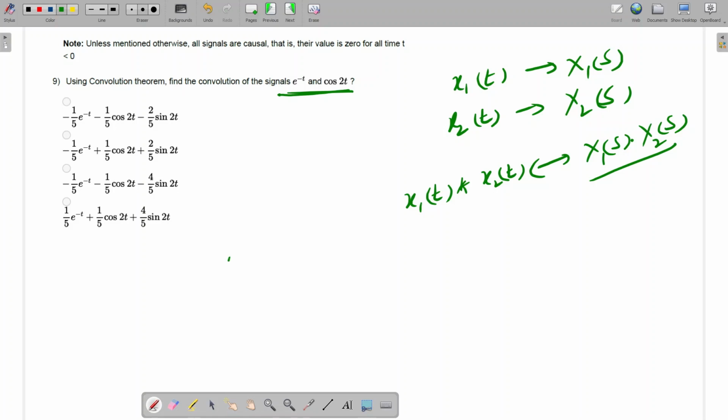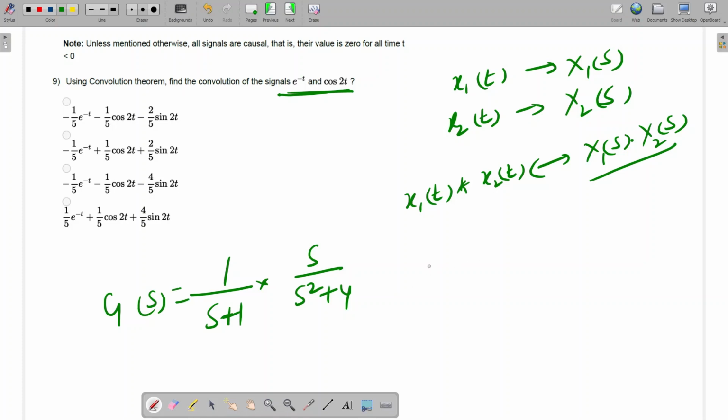The first one is 1 by s plus 1. What is the second one? S by s square plus 4. Is it correct? This is the convolution. Let's say this function is g of s.